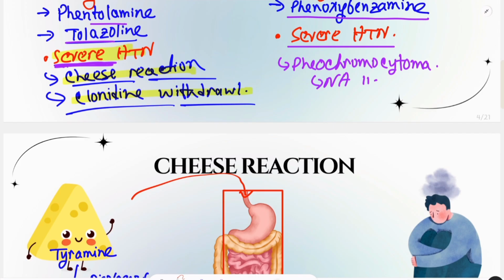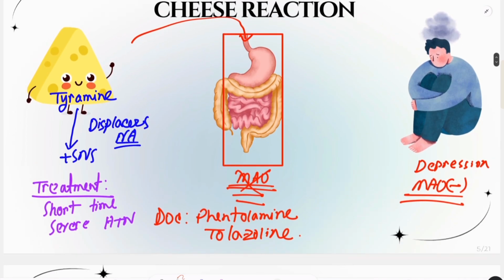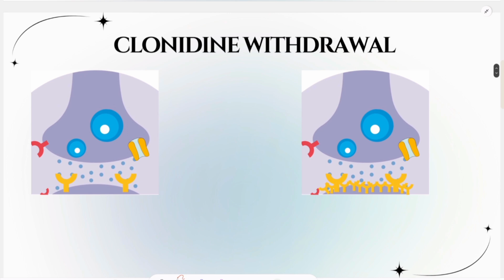And the second use here is clonidine withdrawal. So what actually happens in clonidine withdrawal? In our previous video, we have discussed in detail how clonidine works. Clonidine actually presses the brake, meaning it stimulates the alpha-2 receptor, and that results in inhibition of release of noradrenaline.